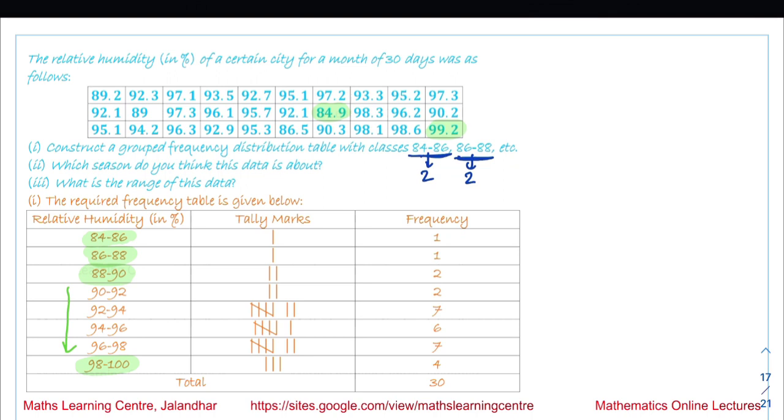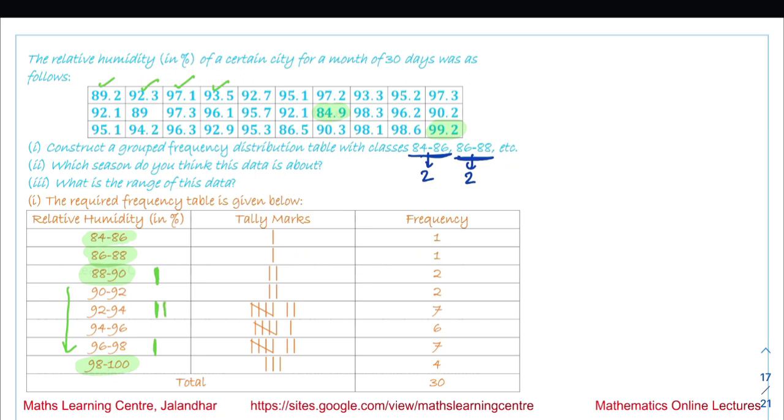Next we will put the tally marks over here. So it is 89.2. So 89.2 will lie in this. Next 92.3. So 92.3 will lie in this. Next is 97.1. 97.1 will lie in this. Next is 93.5.